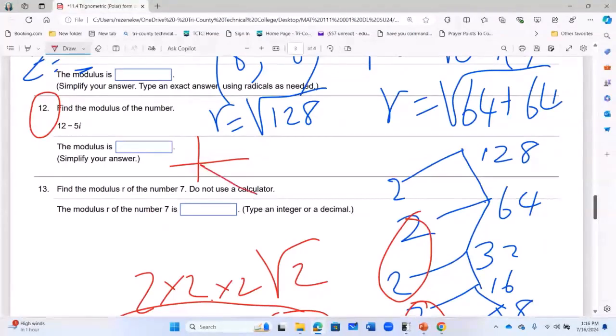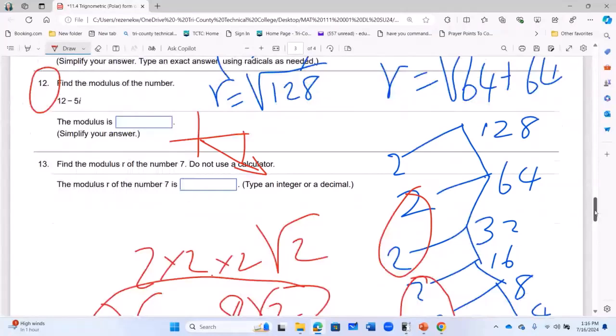It's always good to sketch the vector, or the complex number, whatever you have to do. And then you can also see that this angle is a special angle. But I'm going to let you do number 12.